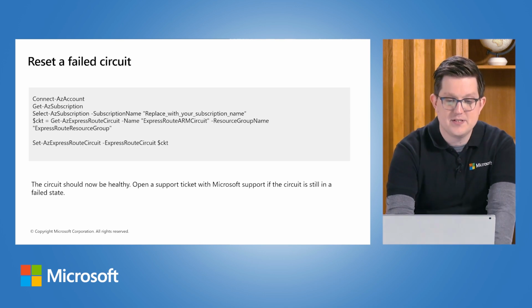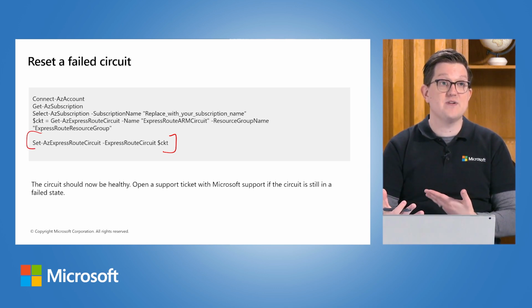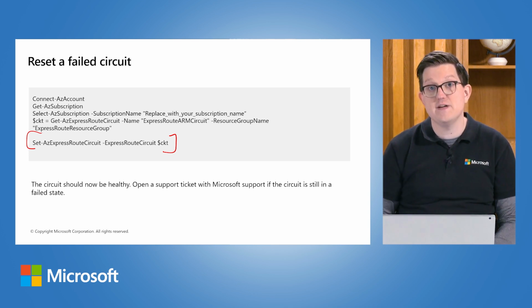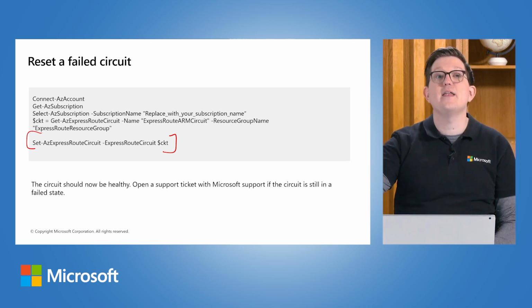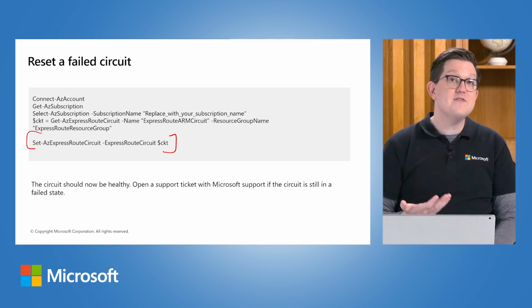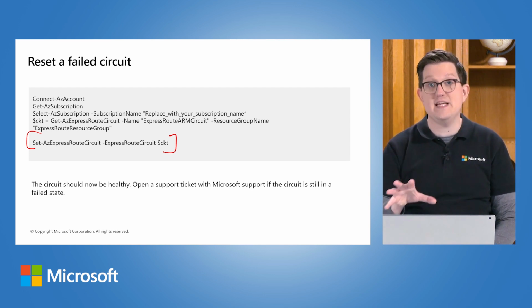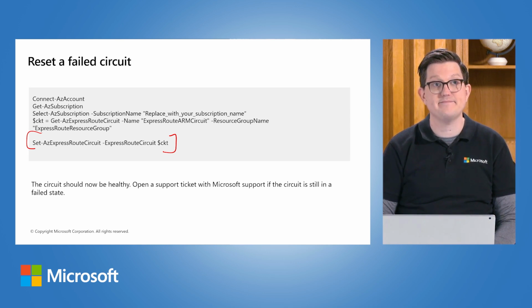This set process here, where you are going through and actually applying a change to an ExpressRoute, even if you don't make a change, will force a refresh of the configuration. And to force a refresh, we will need to take the circuit down and then bring it back up. If you ever see something in a failed state, do this first because it's the easiest fix and it doesn't require anything extra to get up and running.